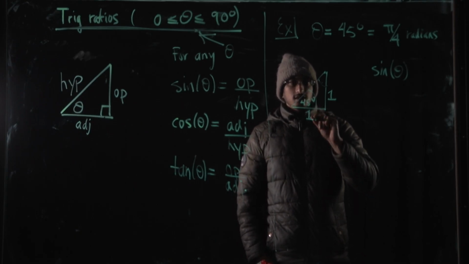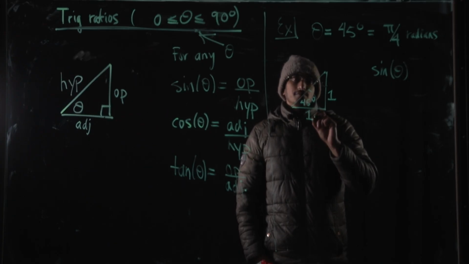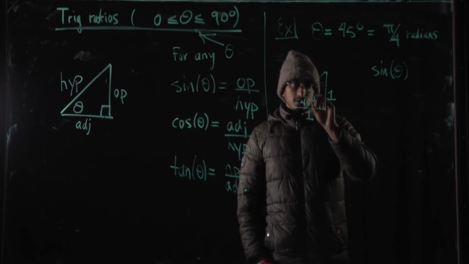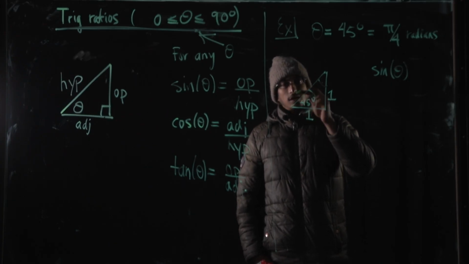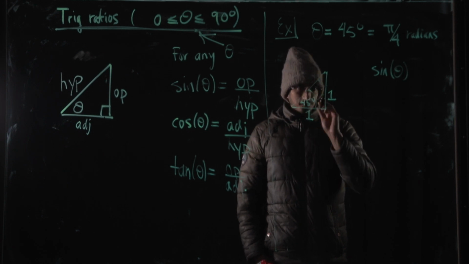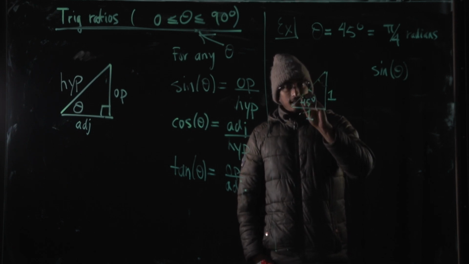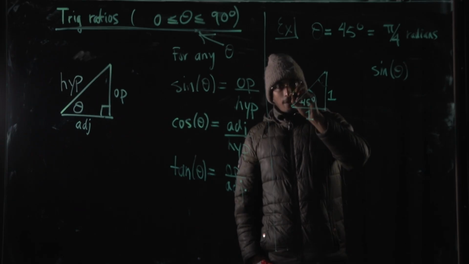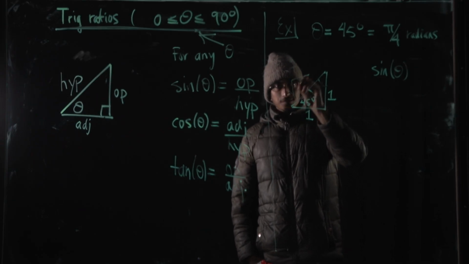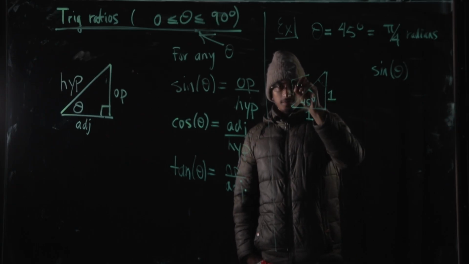So this means that the hypotenuse is going to be the square root of 1 squared plus 1 squared, which is the square root of 2.